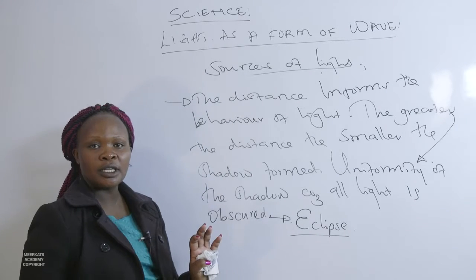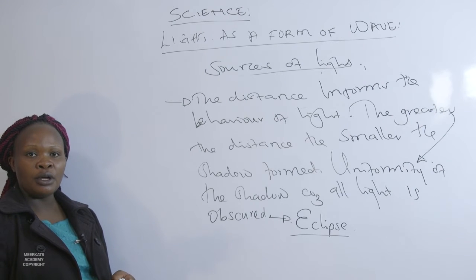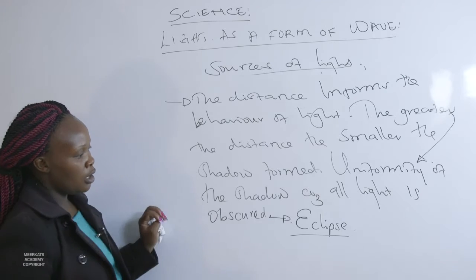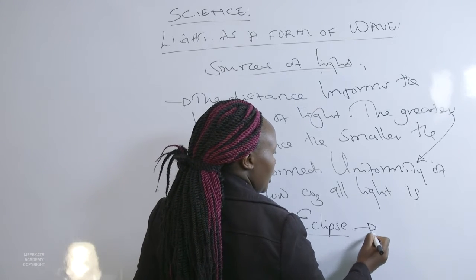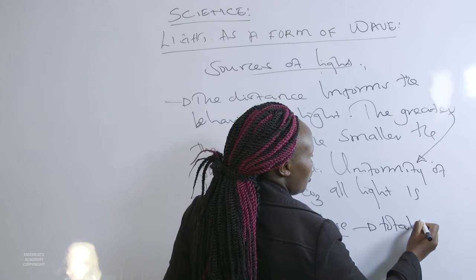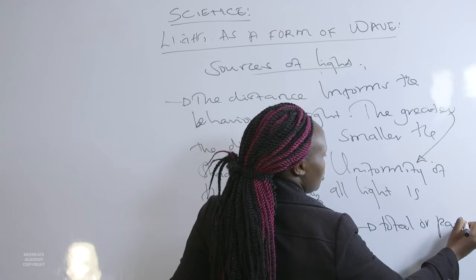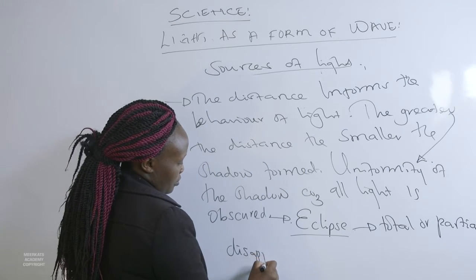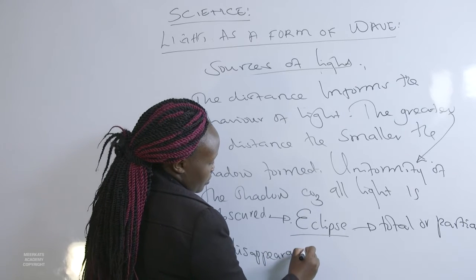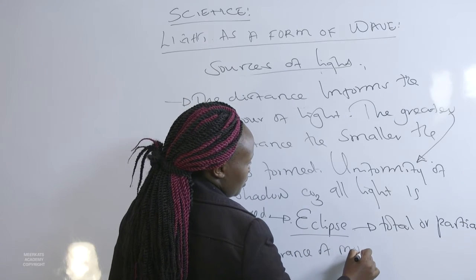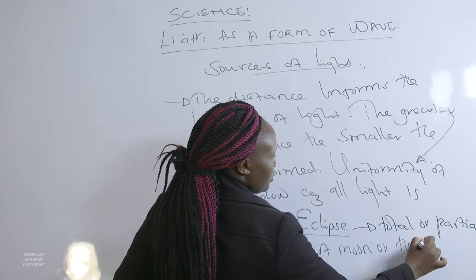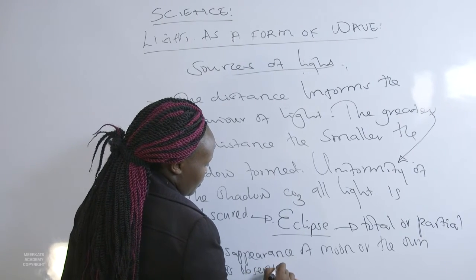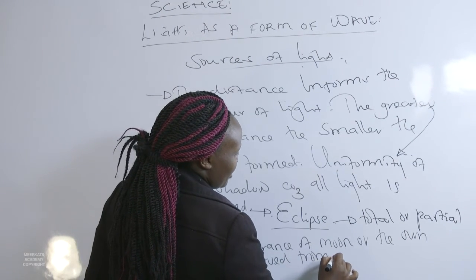The most common and the most natural form of shadow that we can afford to discuss is actually the eclipse, which we will define as the total or partial disappearance of the moon or the sun as observed from the earth.